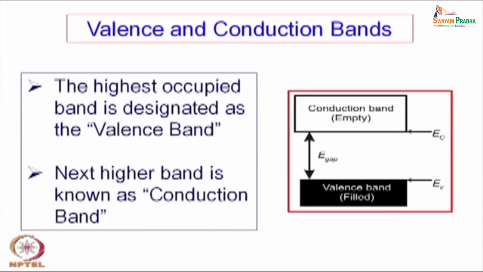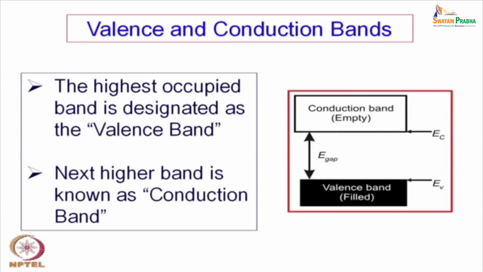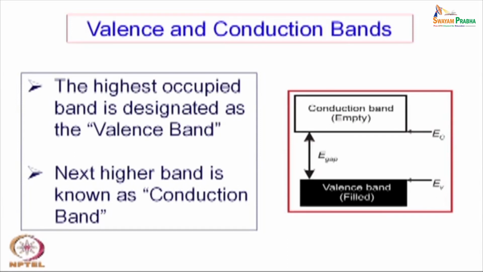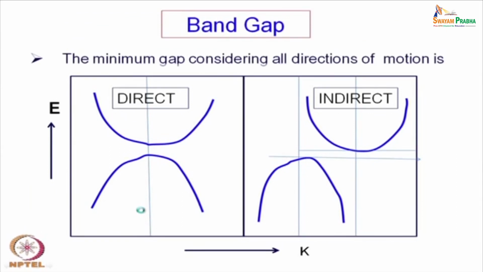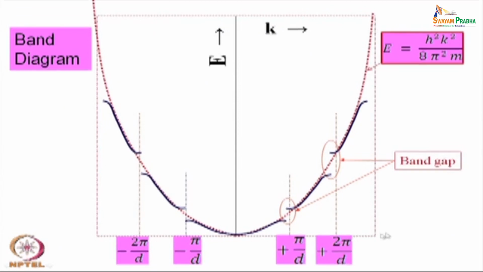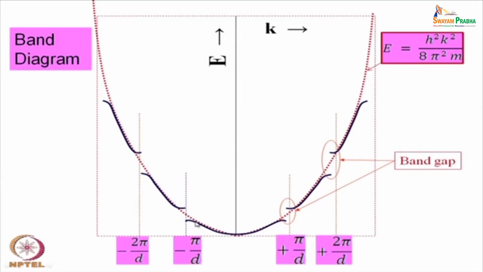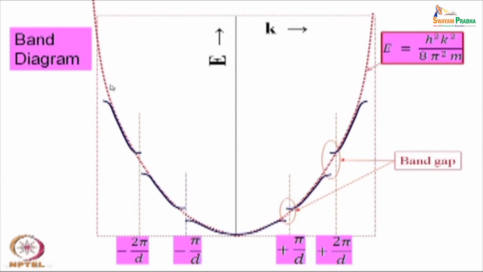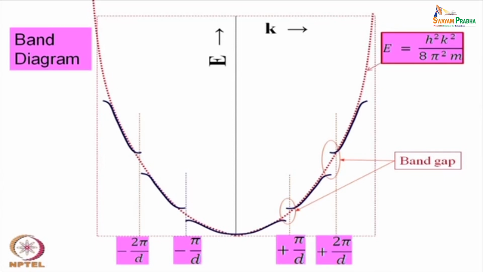The definition of valency band is that the highest occupied band is designated as the valency band. Now, once again maybe we have to go back to that original picture, this one. We say this is one band, the lowest energy band, and then higher energy bands, and then it continues almost indefinitely depending on the structure of the solid and the number of available electrons in that solid, free electrons of course.